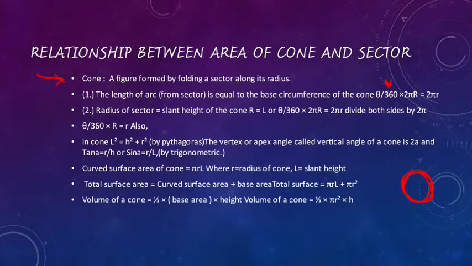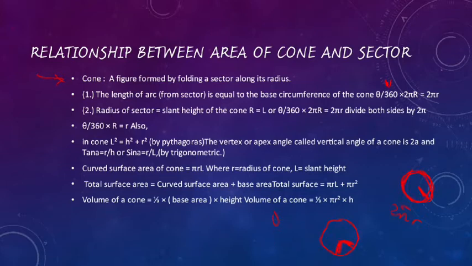Remember from our previous knowledge in plane shapes, for every circular object the circumference is given as 2 pi r. If you fold your cone, you are going to have something like this as the base. And the length of the arc for that sector is theta over 360 times 2 pi R.